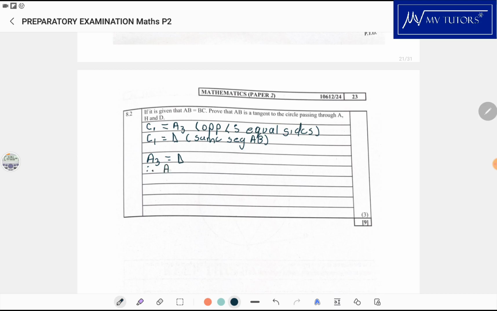AB, you write the statement according to the question. AB is a tangent to the circle.